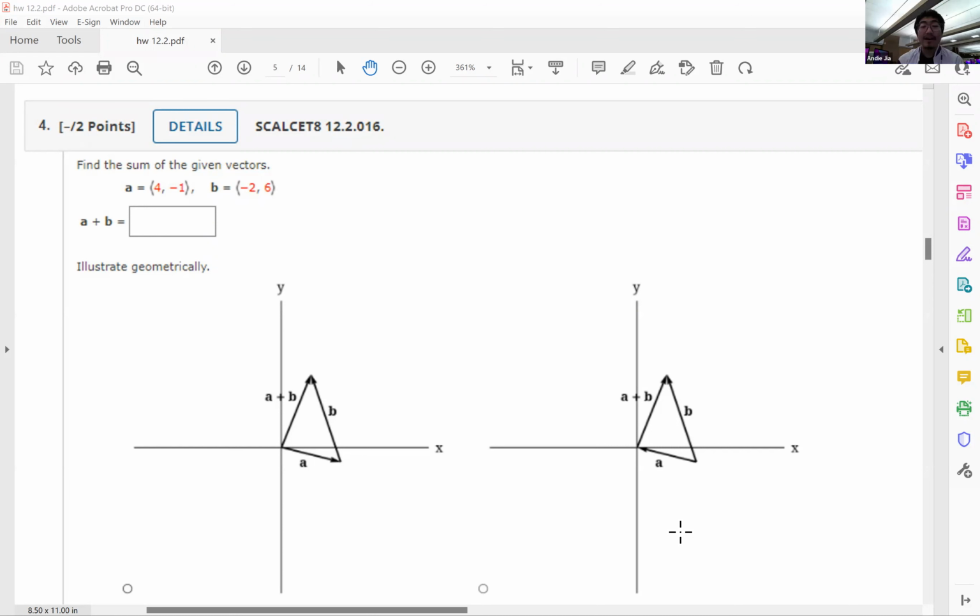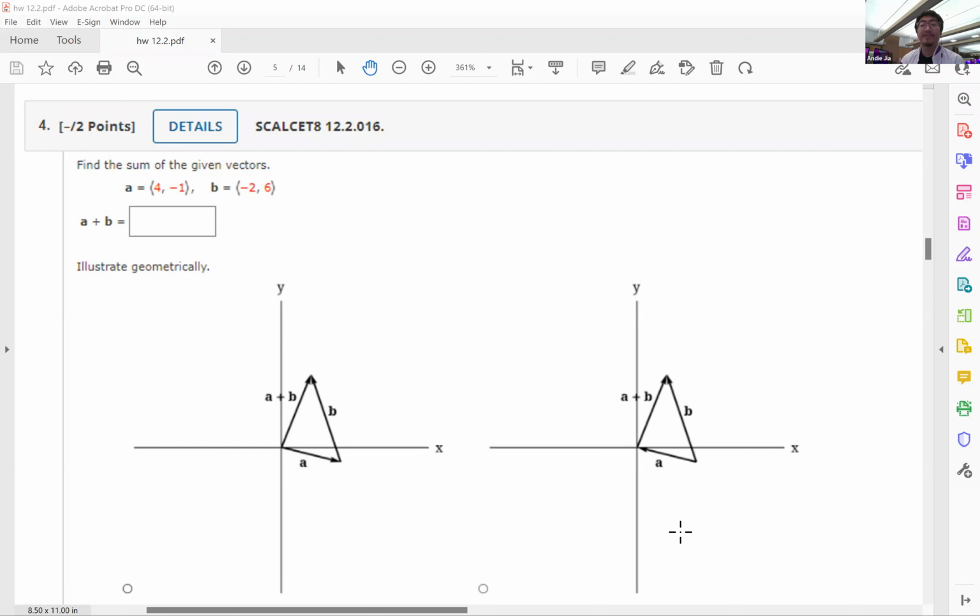So -2 and 6 is pointing to the second quadrant. But now we relocate it. And what we found is A plus B is a positive vector. It's pointing in the first quadrant.